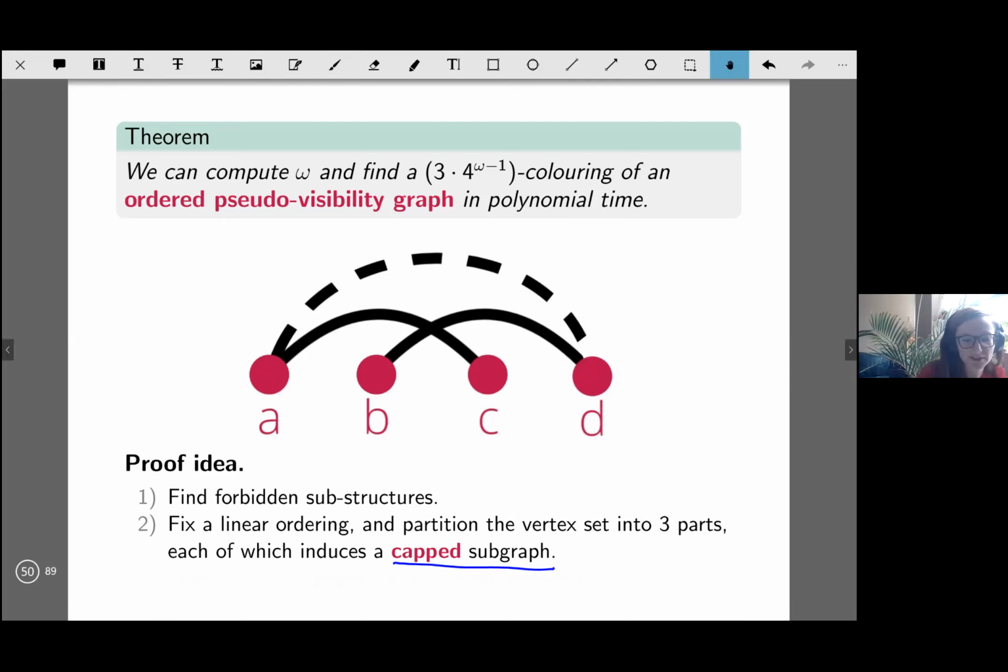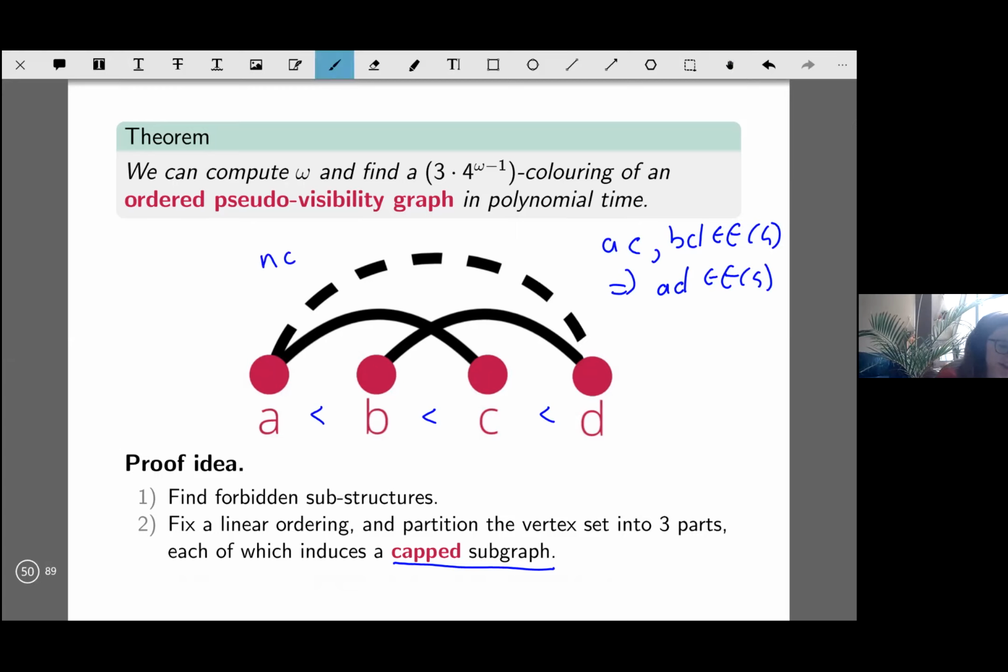A graph with a linear ordering is capped if whenever A is less than B is less than C is less than D, and you have the edges AC and BD, then you must have the long edge AD. So I've drawn the obstruction on the top in the picture. It says that whenever you have edges which cross like that, then you have to have this edge above the top.